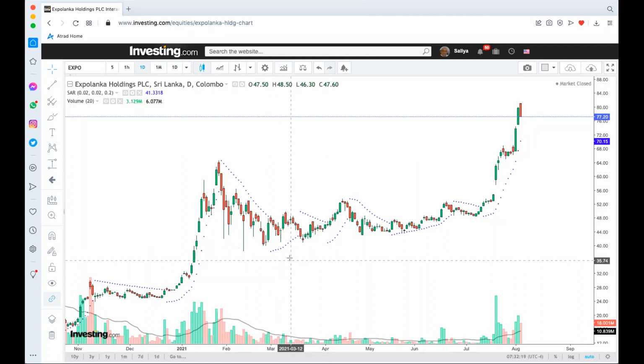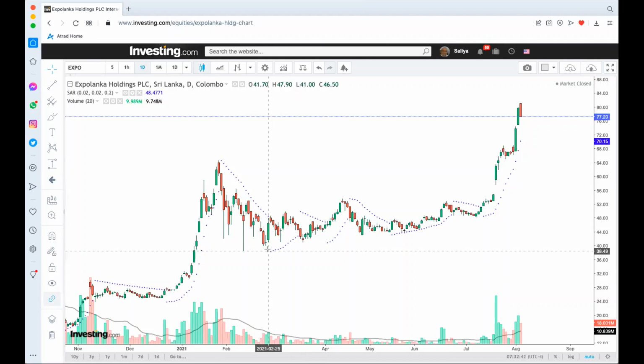But as I mentioned, we cannot use that in isolation. The moment this takes place like this, we have to wait for a breakout. Since it is below the price, that is giving us an indication of a trend reversal, right? Or rather a reversal to the upside.